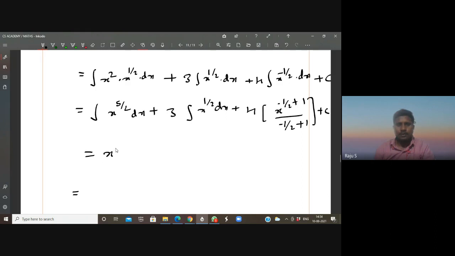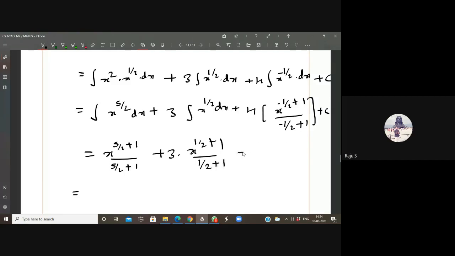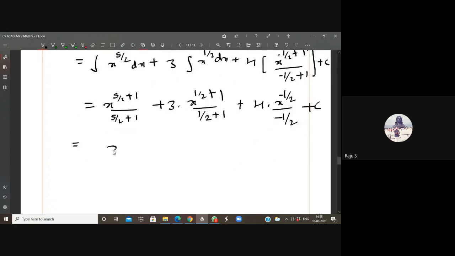Now apply this formula. Four into. What about this, students? Minus 1 by 2 by minus 1 by 2 plus c. So this becomes x power 5 by 2 plus 1, that means 7 by 2 by 7 by 2.